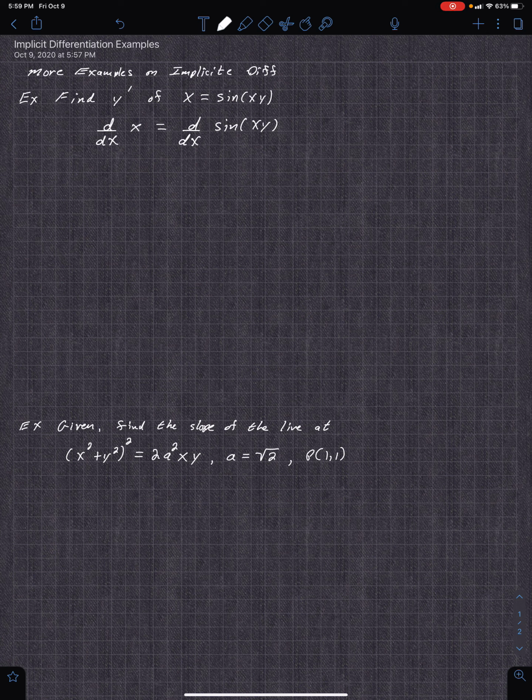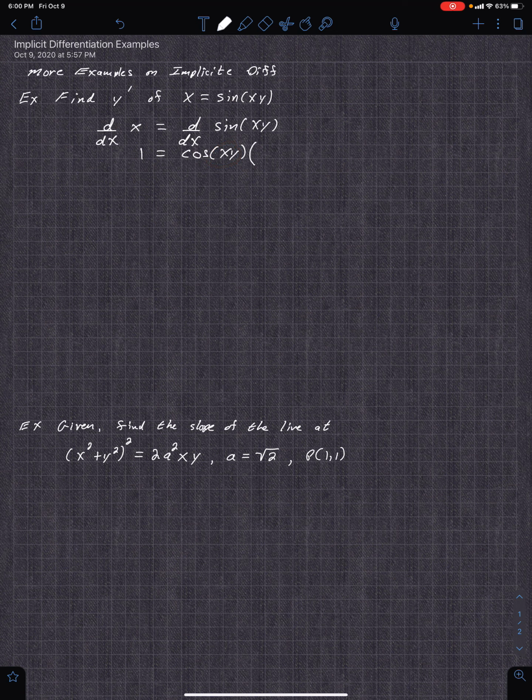Left-hand side, that derivative is just 1. And then the chain rule, you could have dx/dx, but that's just 1, so you're done. The derivative of sine is cosine, so you say cosine of xy, and then it's times, this is where you have to be careful, now you have to do chain rule with xy.